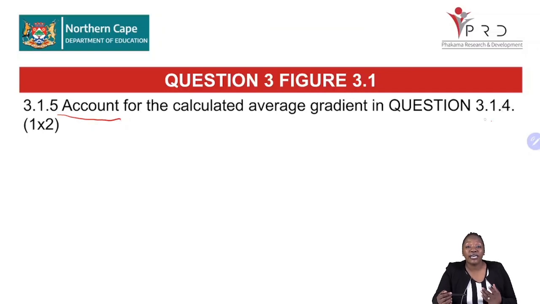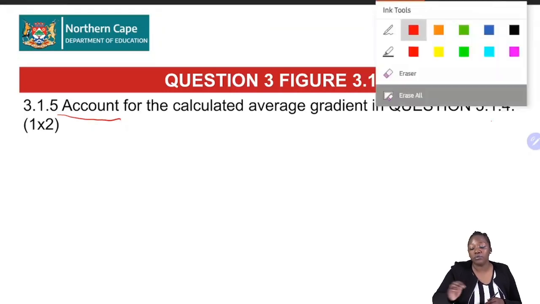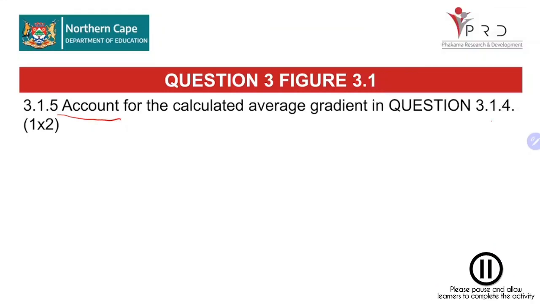So you need to explain that 1 is to 12. Again, I'm going to give you 2 minutes in explaining, looking at the answer that we have, 1 is to 12. So what does it tell us, that 1 is to 12? That's how you're going to account. So 2 minutes. After 2 minutes, we then proceed to the corrections.